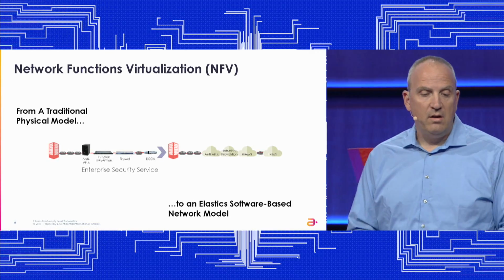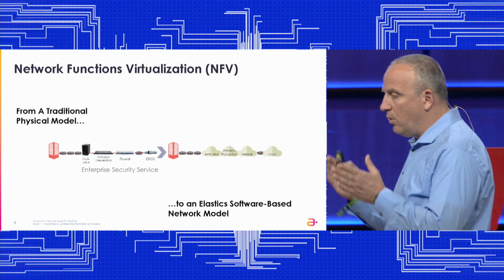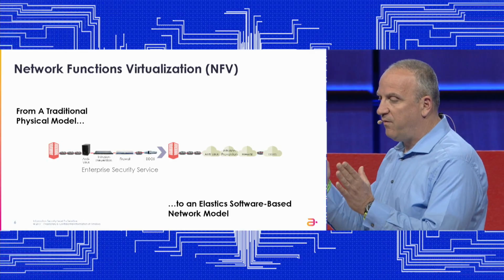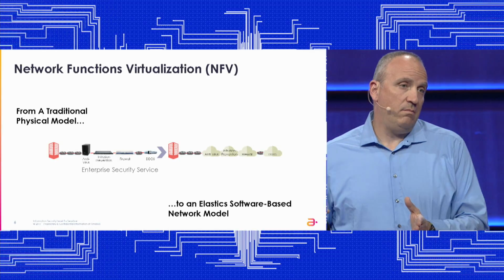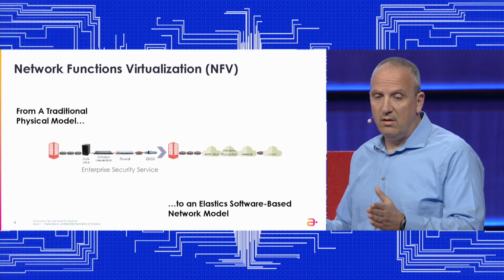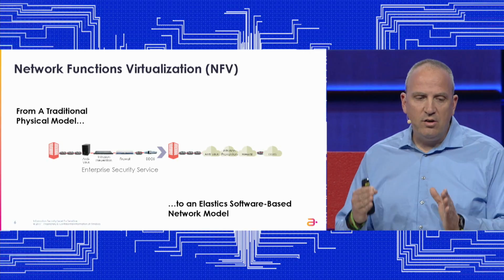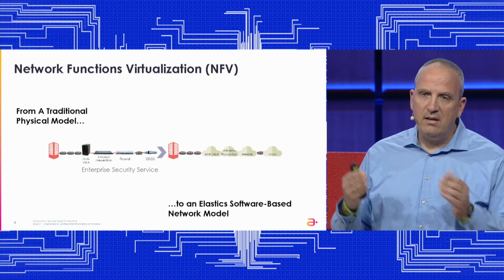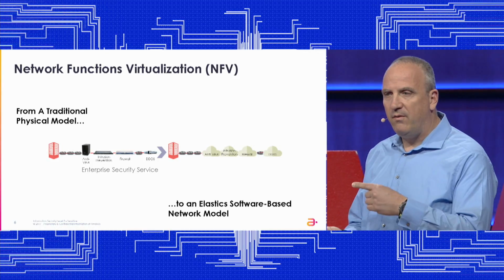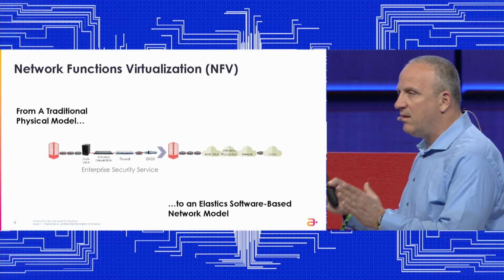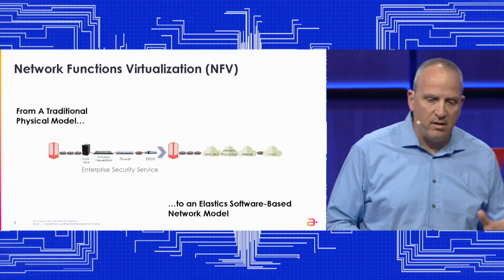You'll put in a firewall or intrusion prevention or antivirus or stuff like that, and you have to go site by site and put in all of those physical elements. That's the left part of the slide. But with this virtualization of the network function, which is referred to as NFV, you can do the same by running them in the cloud, creating the antivirus, creating the intrusion prevention, creating the firewall, and placing them inside the network. So that is the story of NFV. That's a trend that started 2.5 years ago.